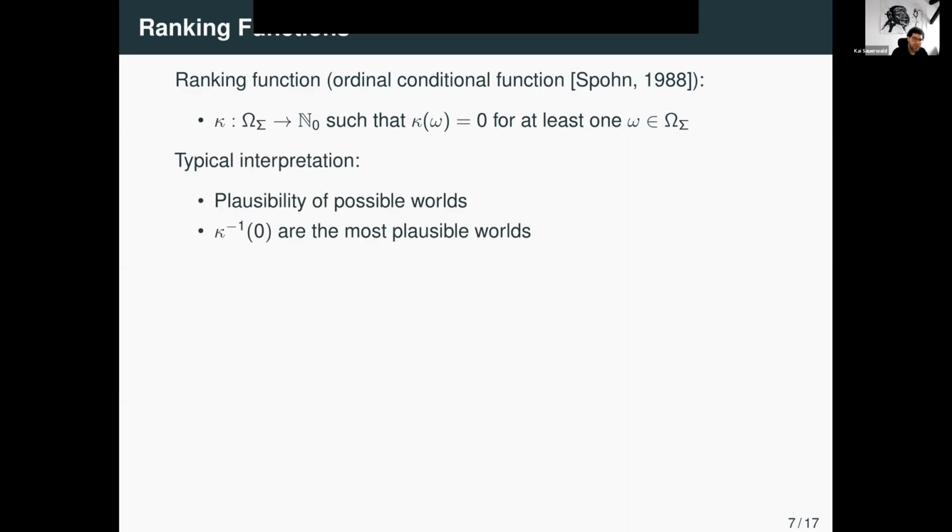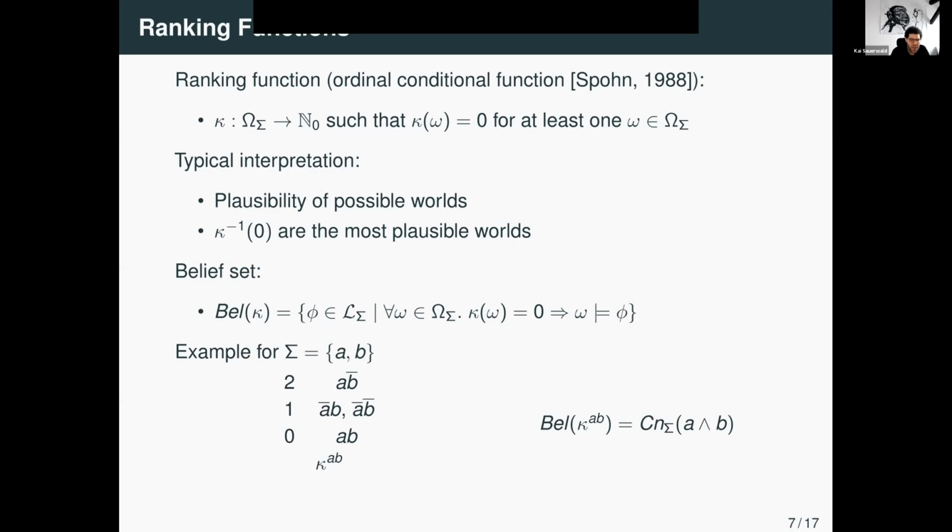The intuition behind this is that you think about plausibility. All these ranks describe the plausibility of worlds, so interpretations or possible worlds. And the lower the rank, the more plausible the world is. And of course, because we have at least one world with rank 0, that's the most plausible world. And this gives rise to the notion of belief set, which are actually all formulas which hold with respect to the models with rank 0.